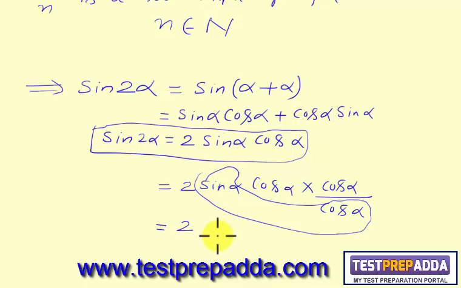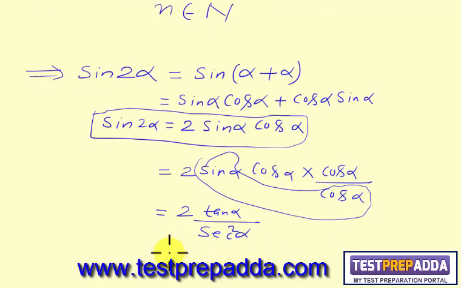Sin alpha upon cos alpha can be written as tan alpha. And cos alpha into cos alpha will become cos square alpha, which can be written as 1 upon sec square alpha.